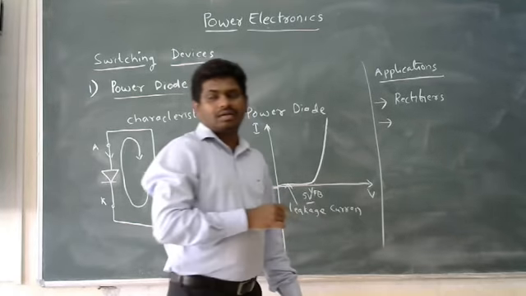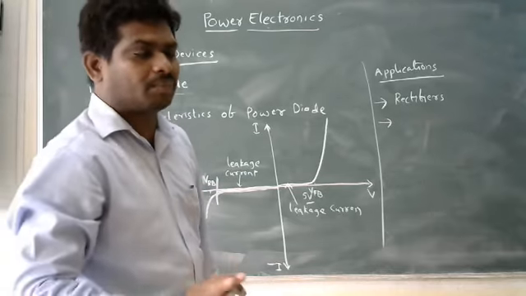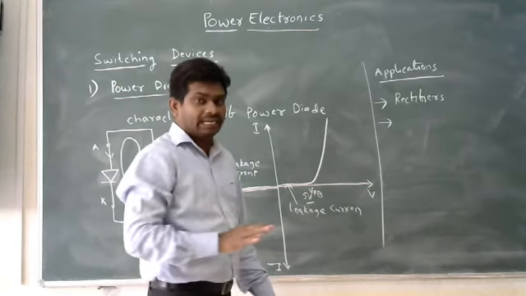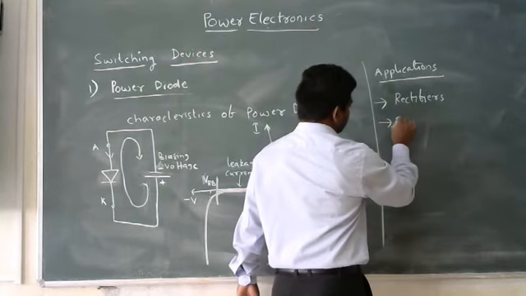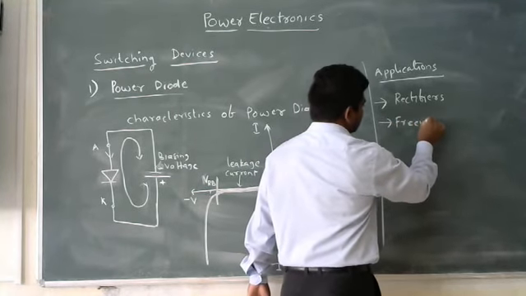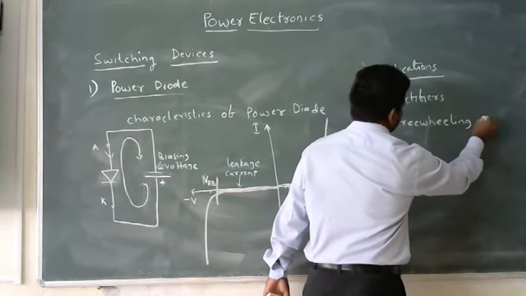For freewheeling action we use only diodes. No other semiconductor device is available in power electronics for freewheeling action. That's why we use diodes for freewheeling action, where it is required in the operation.